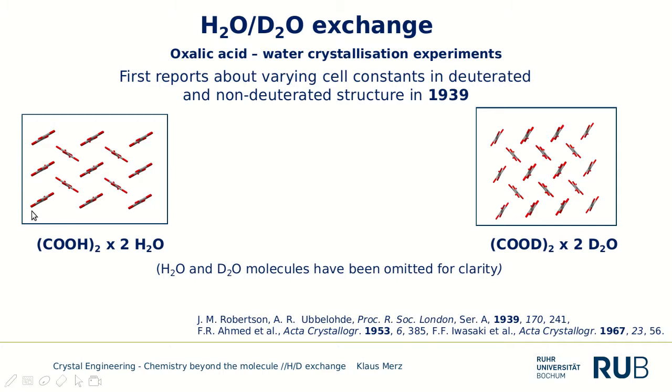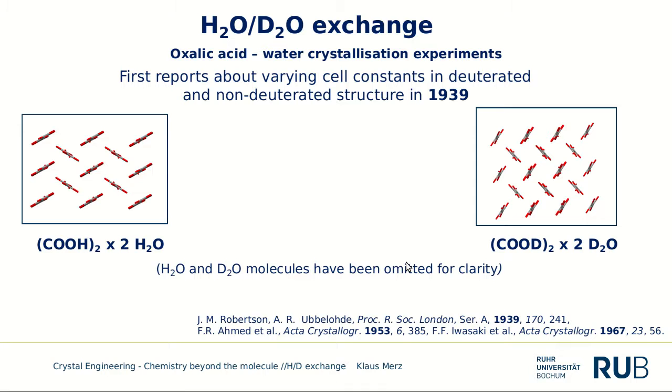And they saw the former scientists were right. We had only the different cell constants, but they assumed there must be different molecular aggregation. That's really right. Have a look here. This is the structure from hydrated oxalic acid, and this from deuterated oxalic acid.